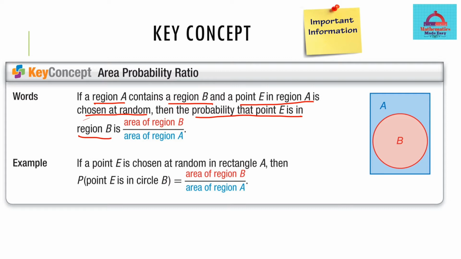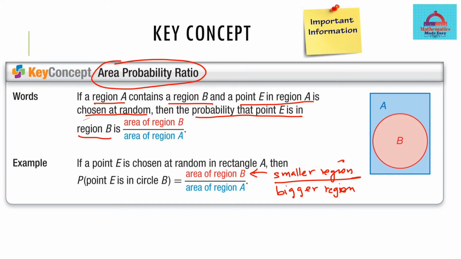So just like the last concept of length probability ratio, remember for this division you will have the smaller region on the top and its area will be divided by the area of the bigger region. So this is what is your area probability ratio, very important key concept.